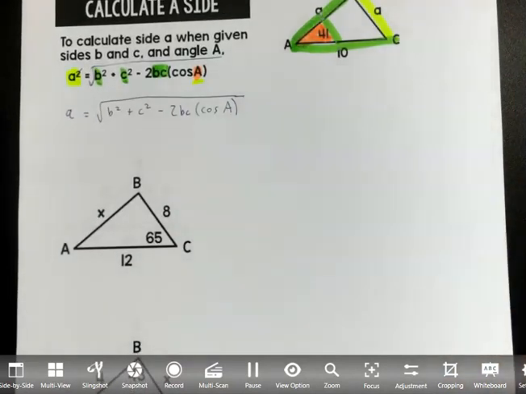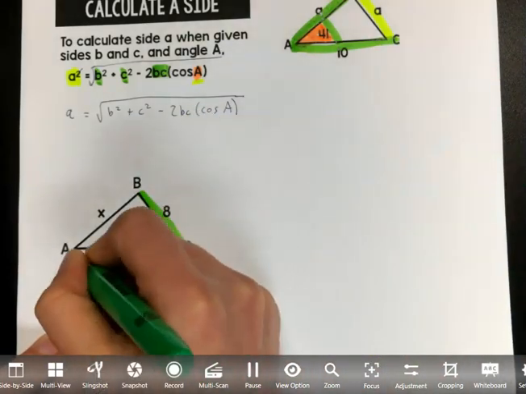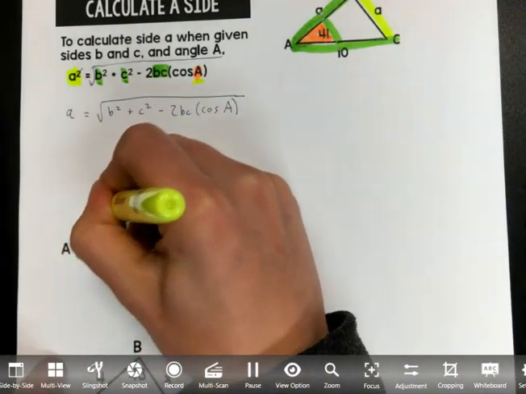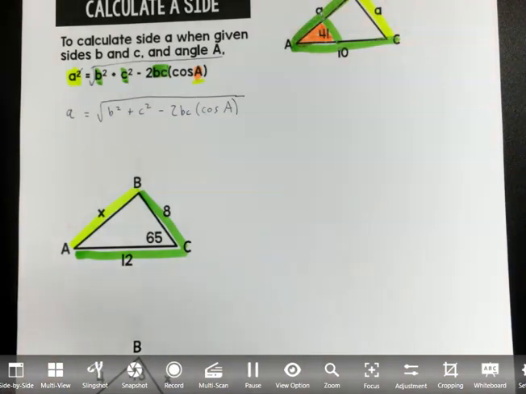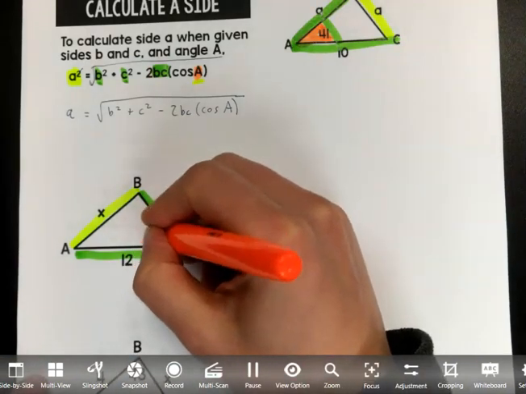Okay, so let's see if we have a scenario for law of cosines here. I have my two filled in sides. I have the other side, and then I have the angle that's included in between my two filled in sides.